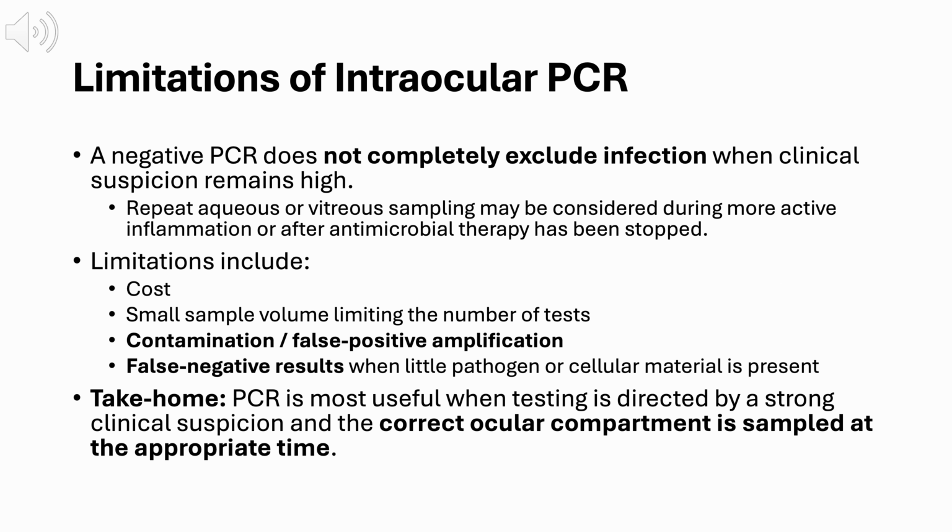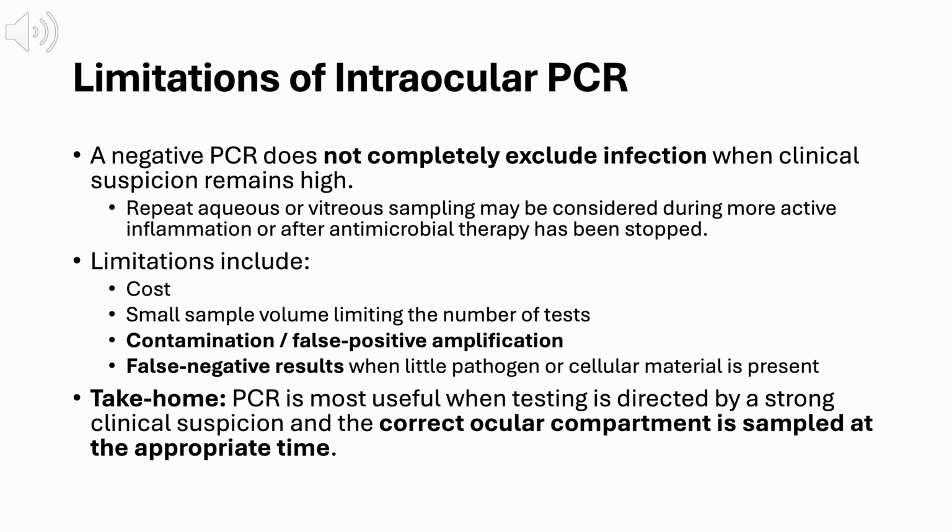PCR is powerful, but respect its limits. A negative PCR does not fully exclude infection when clinical suspicion stays high, so repeat aqueous or vitreous sampling can be worthwhile, ideally during more active inflammation or after antimicrobial therapy has stopped.